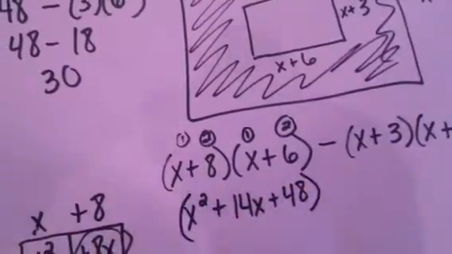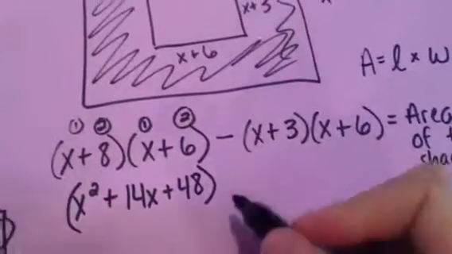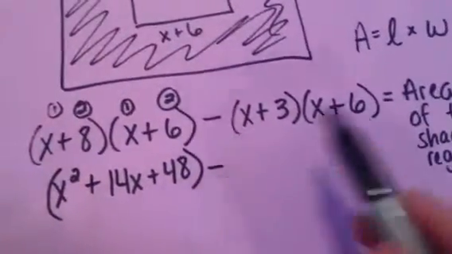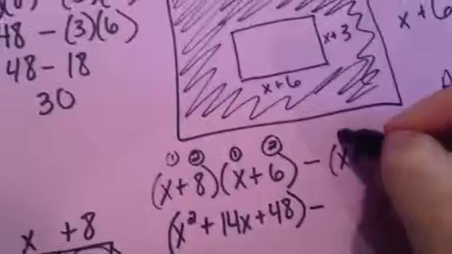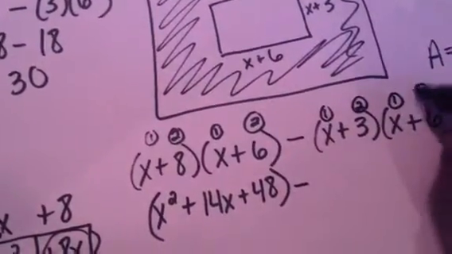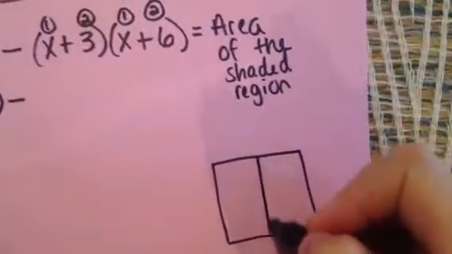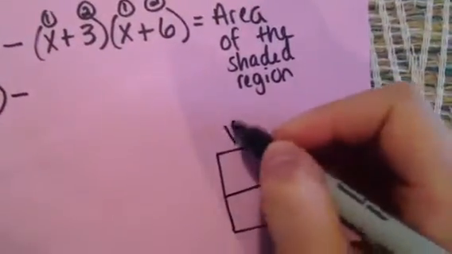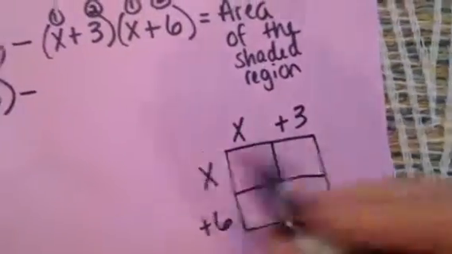I can think of this as still being in parentheses because I still need to solve this side over here. So now I have x plus 3 times x plus 6, so I'll go ahead and do that down here. Again, I see that I have 2 terms, x and positive 3, and 2 terms here, x and positive 6. So I have a binomial times a binomial, and I'm going to put that into my box and multiply.